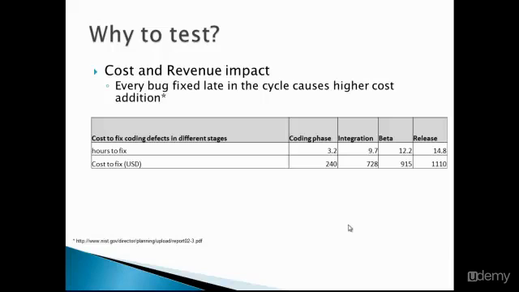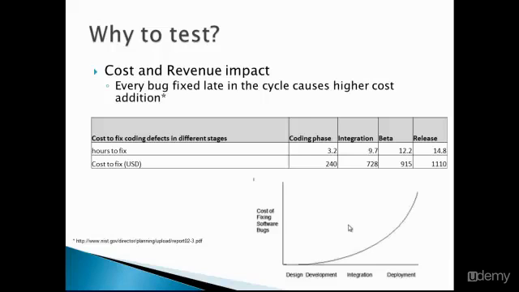Now at the beta stage, it reaches 12.2 hours, and the cost $915, and similarly at release it is 14.8 hours and $1100. So if you find a bug in the release, then the hours to fix is almost 5 times, and so is the cost to fix that issue.